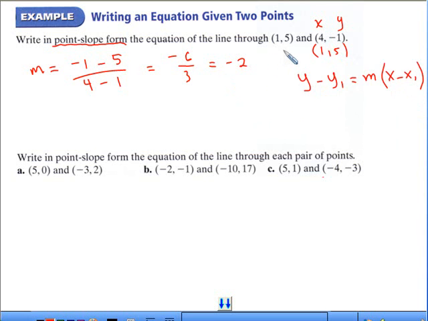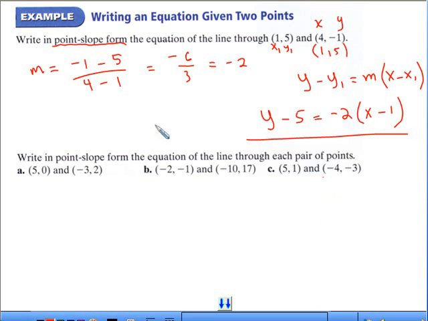Let's say I use this point right here. So this will be my x1, y1. I'm just going to plug it in here. So we're going to get y minus 5 is equal to m, we know what m is now, negative 2 times x minus 1, and then you're done. That's it.